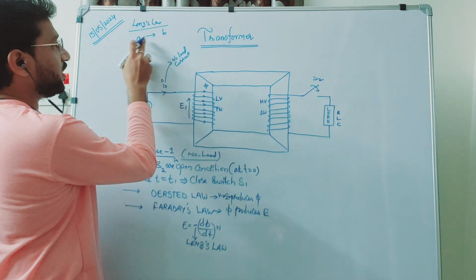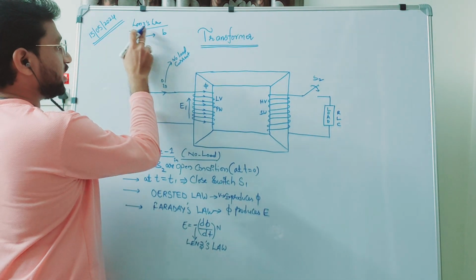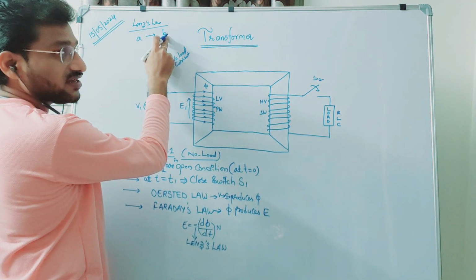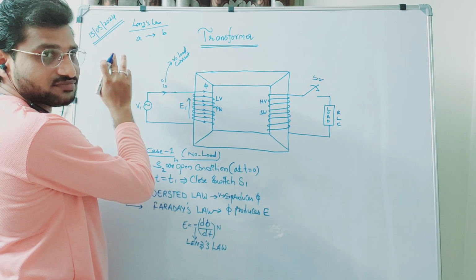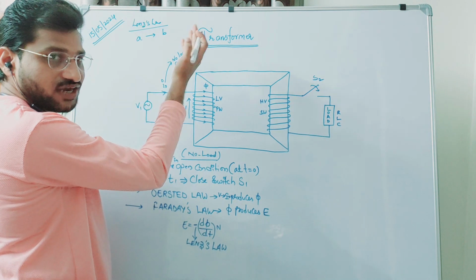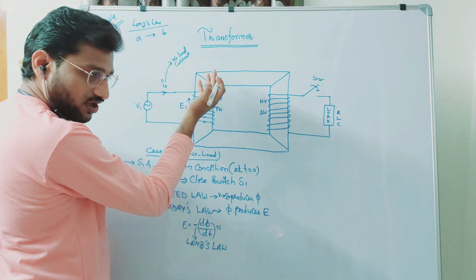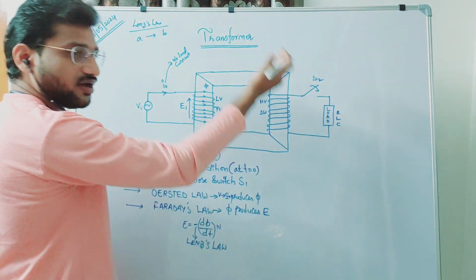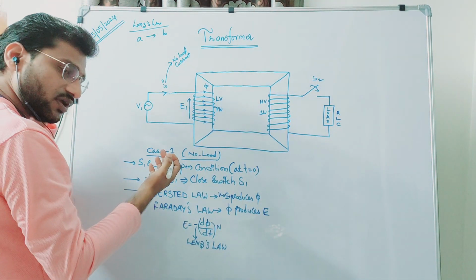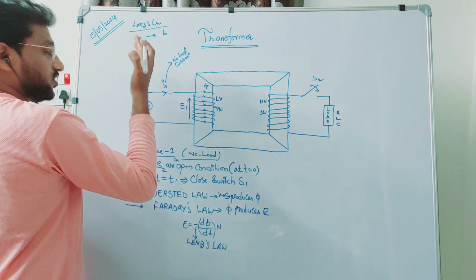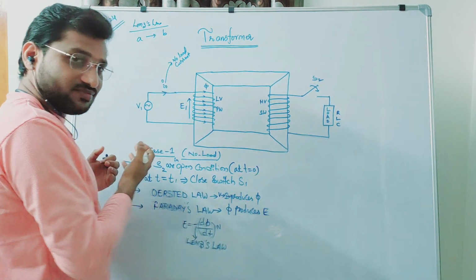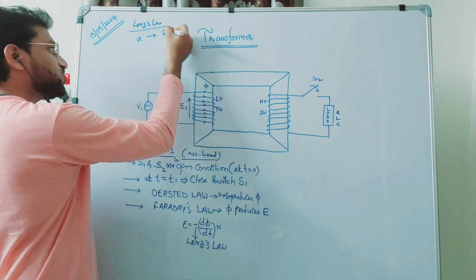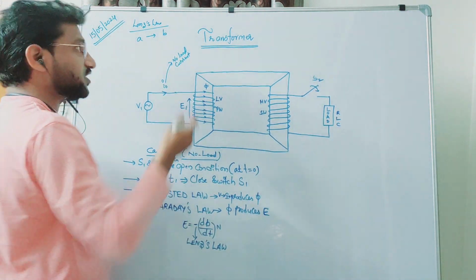Now, as per Lenz's law, this B has to oppose the A. That is like a child opposing a parent, because the child is what we call given birth by the parents. So the child is opposing the parent, the very cause of them, right? So B has to oppose A. That is Lenz's law.